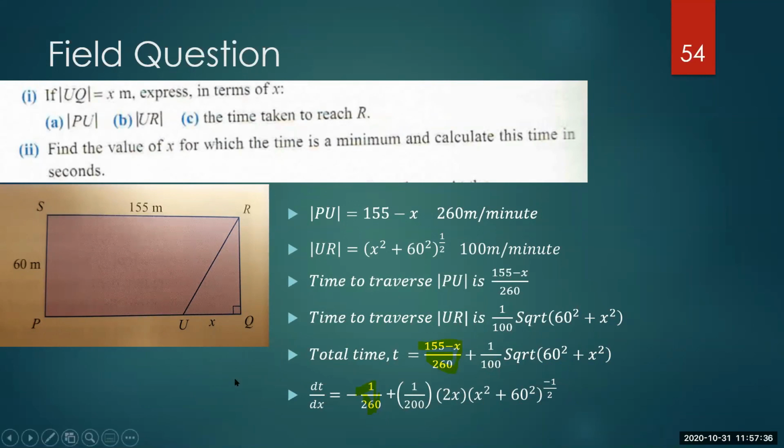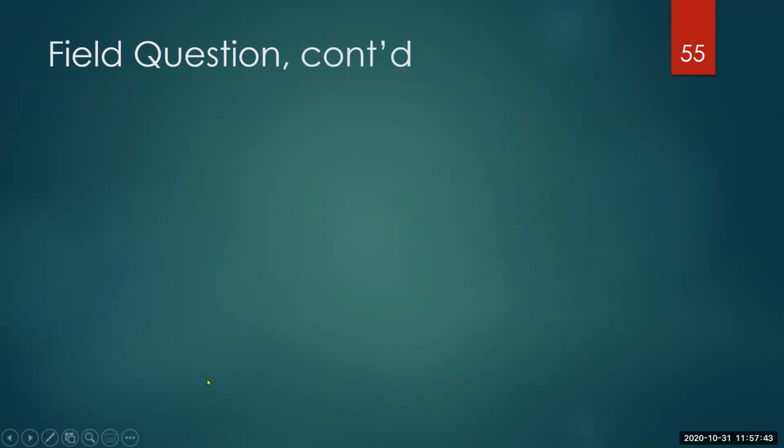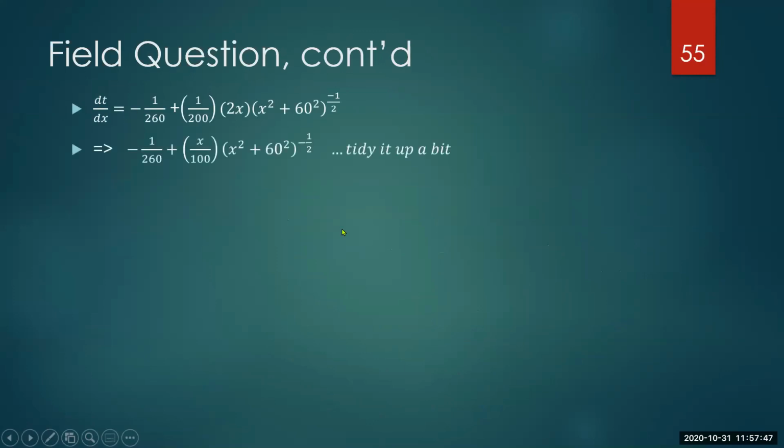And so moving on, we have dT/dx. We'll now move on to the next slide. So we have dT/dx is equal to all of this, and just to tidy it up a bit, I'm taking the 2x out, and combining it with the 1 over 200 to just give us x over 100.